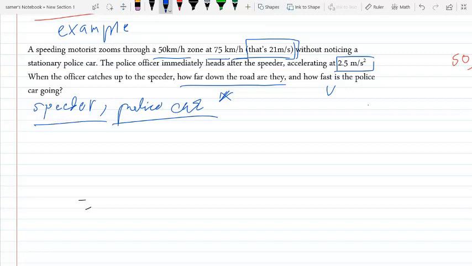Each object has its own initial and final velocities and acceleration. For the speeder, we have a constant velocity.